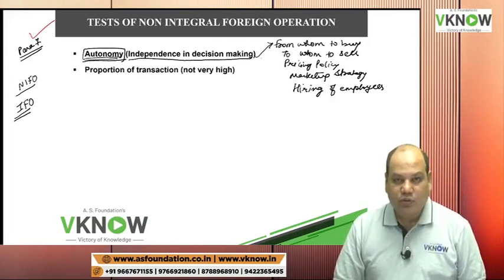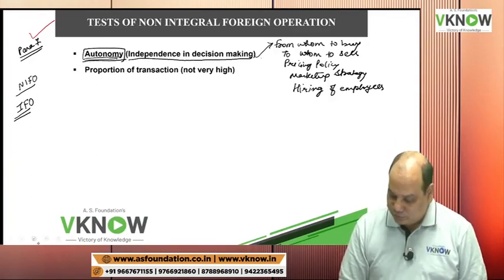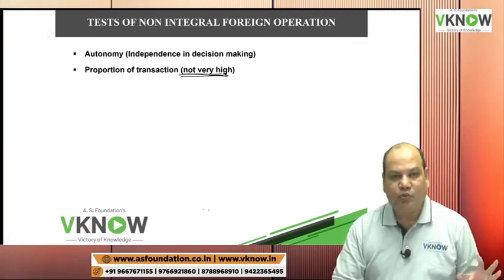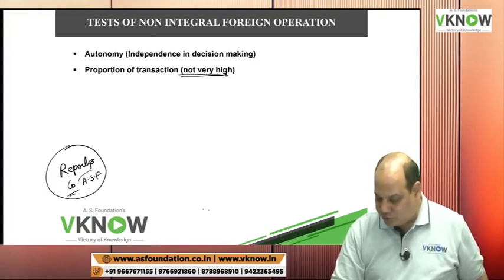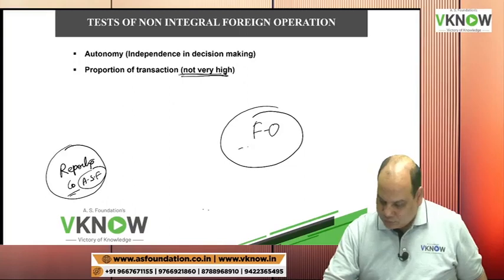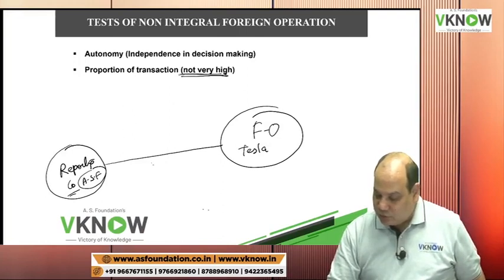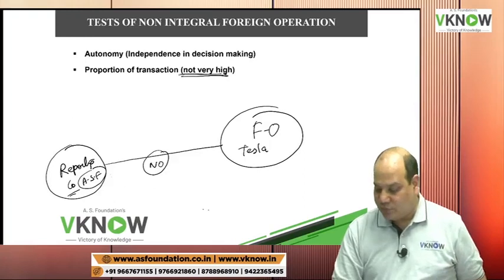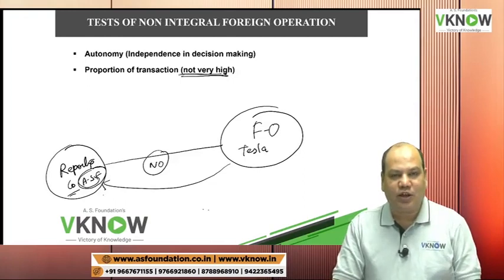Second way to identify foreign operation is look at the number of transactions. If the number of transactions is not very high between the reporting company in India, reporting company, AS Foundation, foreign operation, Tesla, there is no transaction between the two or very limited transaction. ASF just purchased one electric car from Tesla recently.